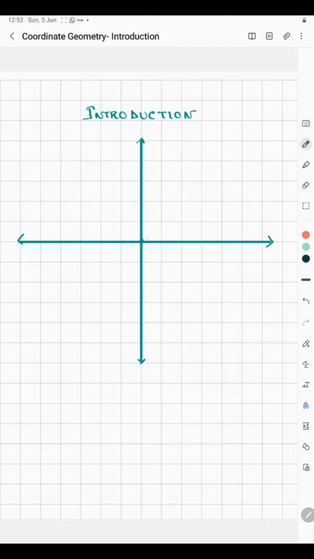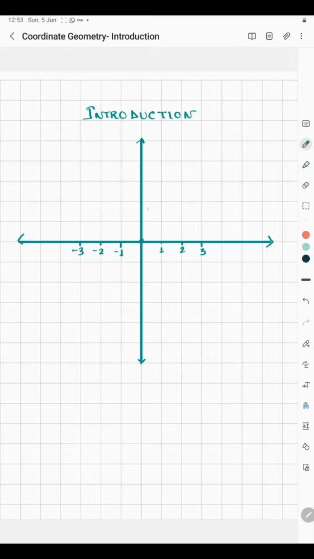If we take this number line, we know that these two number lines intersect at their zeros. Here is 0, here is 1, here is 2, here is 3, and left of 0 is -1, -2, -3.